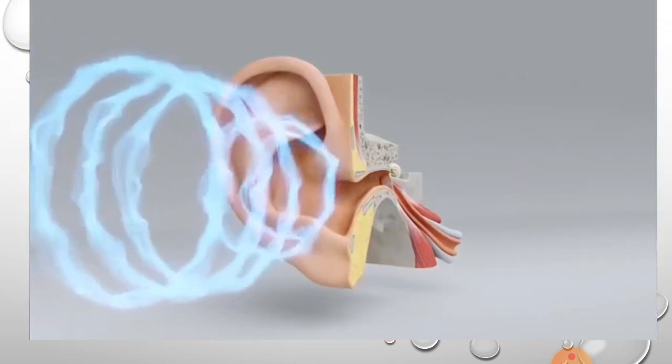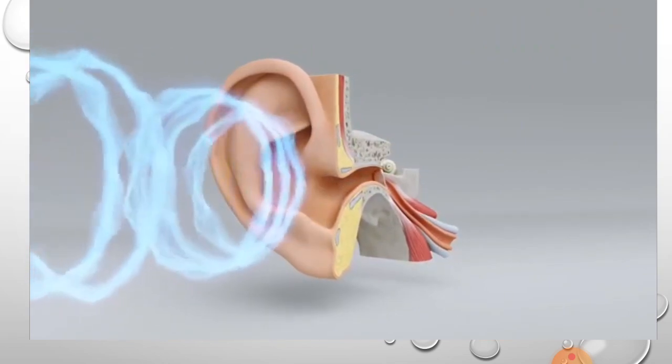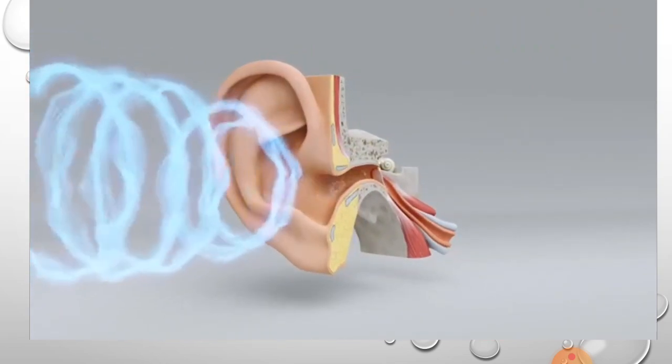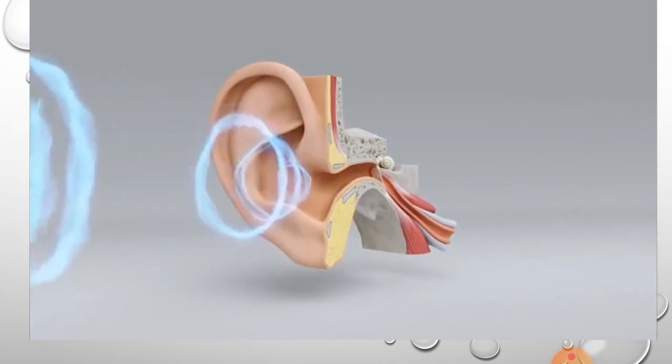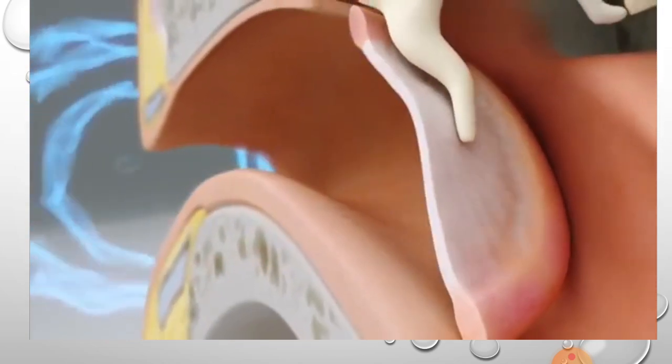This is the external ear through which the sound waves are entering, auricle, and then the external auditory meatus or external auditory canal. This is the coronal section.